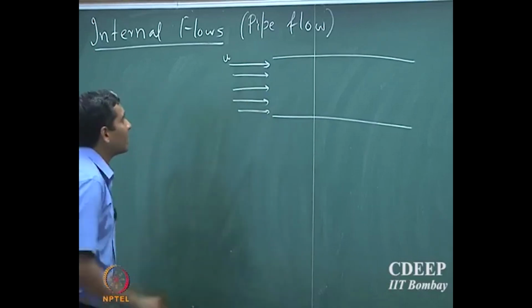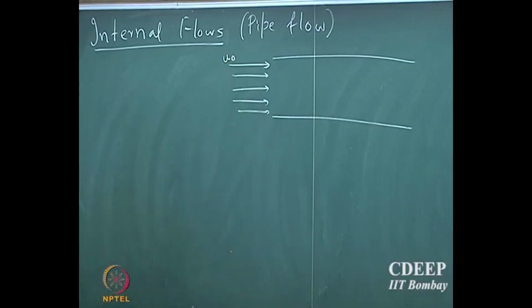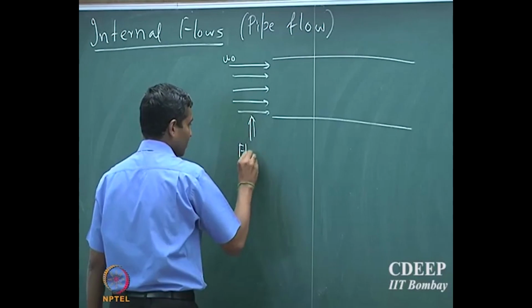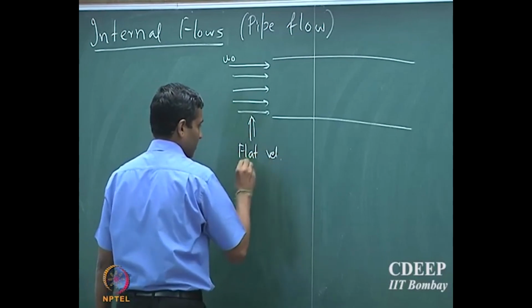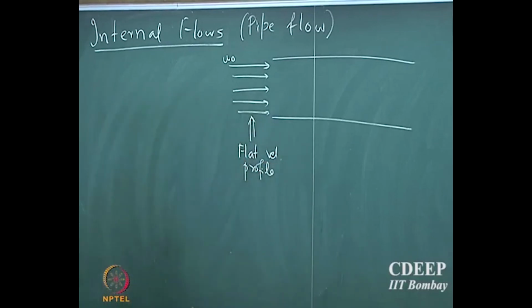Let us say that u naught is the velocity with which the fluid is entering the tube. Let us assume that it is a flat velocity profile before it enters the tube.